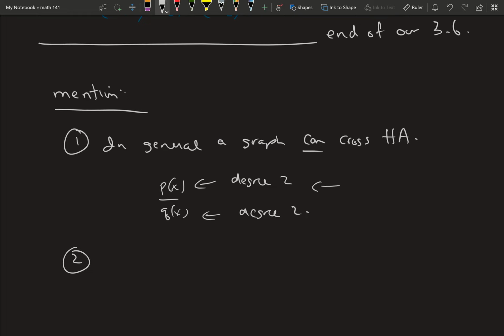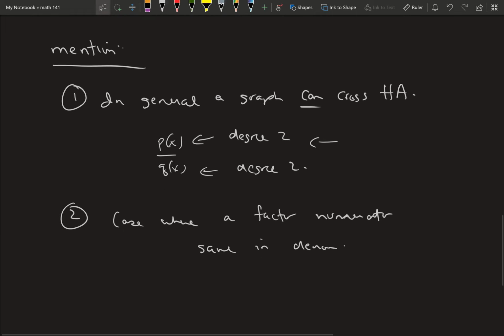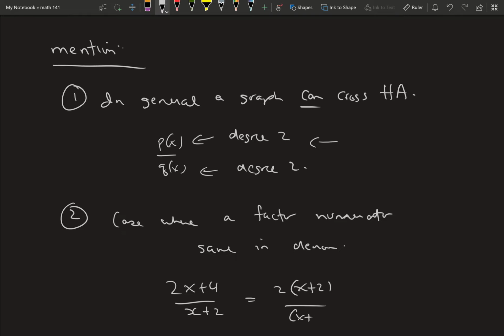The second thing that I want to make mention of is that we didn't cover one specific case. There's a case where a factor in the numerator is the same in the denominator. So for example, if we had (2x + 4) over (x + 2), this is 2 times (x + 2) divided by (x + 2).